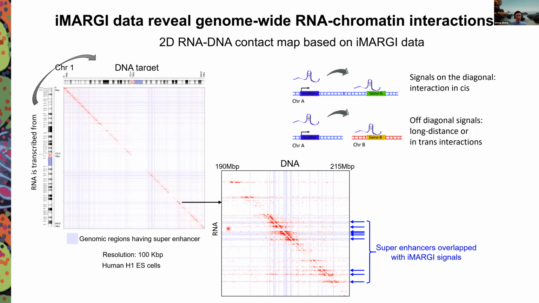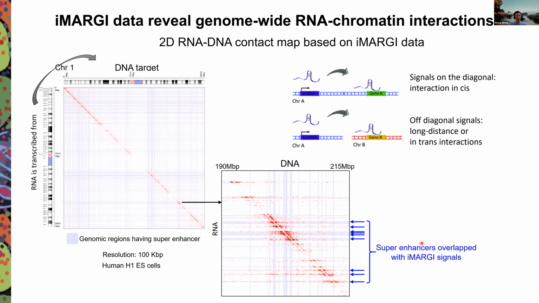Coincidentally, if we superimpose the known super enhancers in blue stripes, we see in this case that the RNAs transcribed from super enhancers tend to heavily decorate their large genomic neighborhood. So there is a large amount of chromatin-associated RNAs that are transcribed from super enhancers.